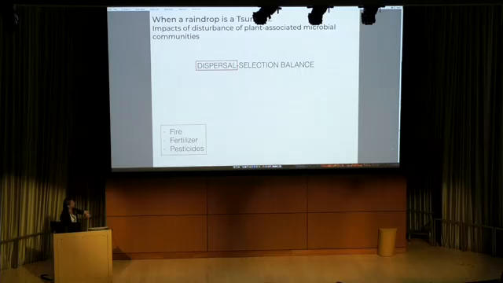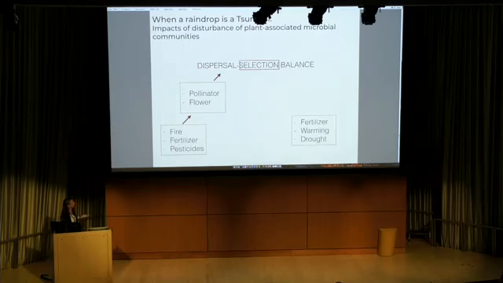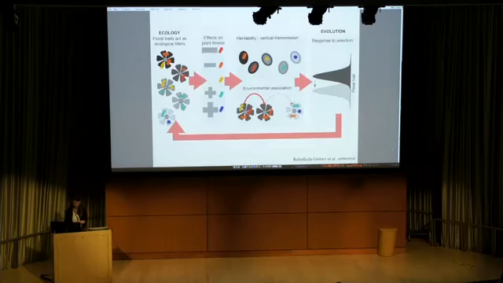And what's cool here is that then we can make predictions about how disturbances might affect microbial communities in flowers. So we would expect that things like fire, fertilizer, pesticides will affect the pollination and also the flower, and will shape mostly the dispersal part, whereas things like fertilizer, warming, drought might affect the floral chemistry and the floral microenvironment, and that might shape the selection mechanisms.